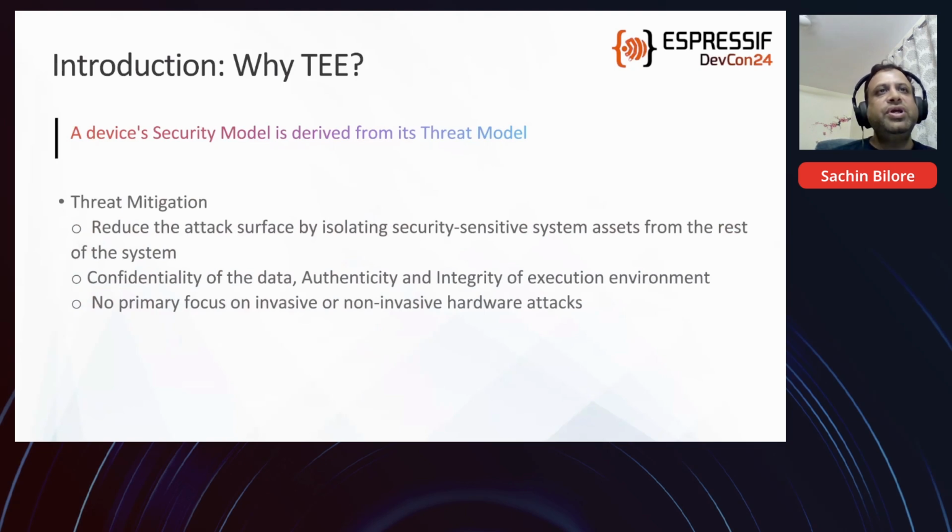Here, one point to note is that this isolation security mechanism does not focus on hardware attacks, both invasive and non-invasive, for example, fault injection or side channel attacks. We may need another set of countermeasures to protect against these kinds of hardware attacks.